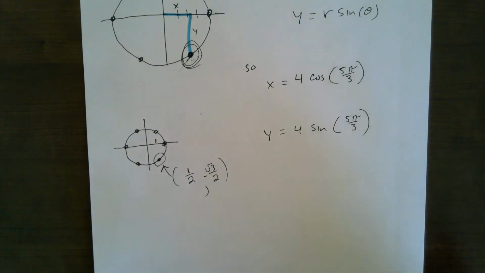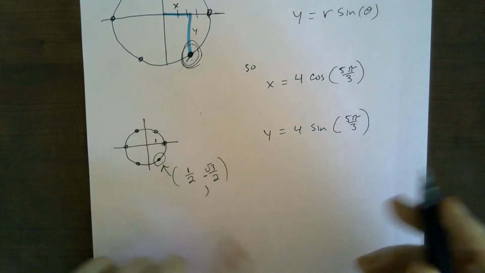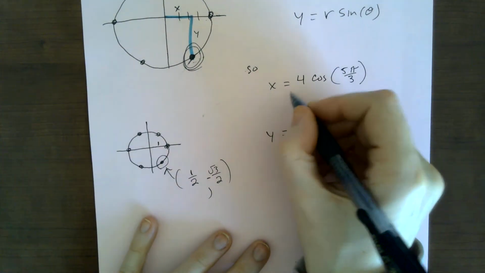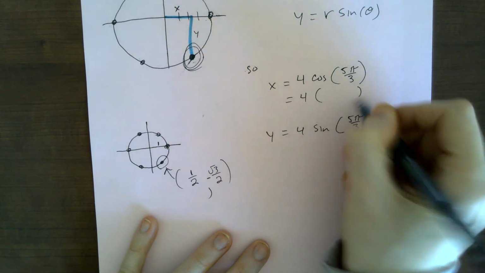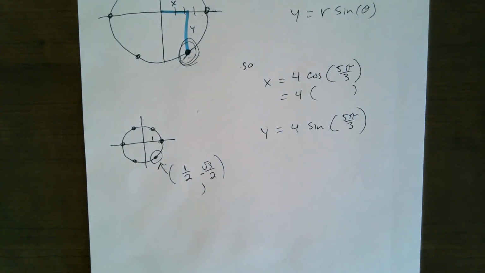Okay, so now we just plug these in. So this is going to be 4. What is going in for cosine of 5π/3? Take your time. You don't distribute cosine, do you? You don't. Take your time.